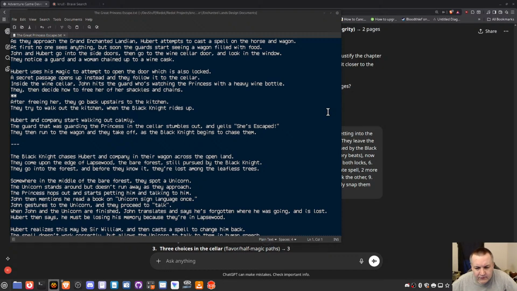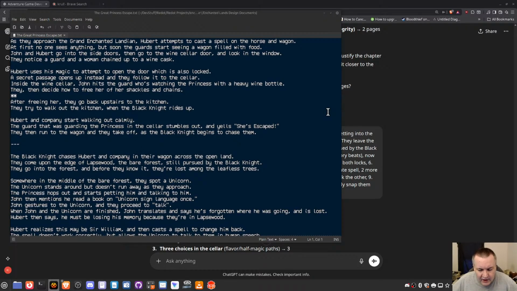So they open this broom closet, and there's a secret passage in the back, and the passage leads to the wine cellar. So apparently, Hubert's magic did work to an extent. It got them where they needed to be, and now they're in the wine cellar.